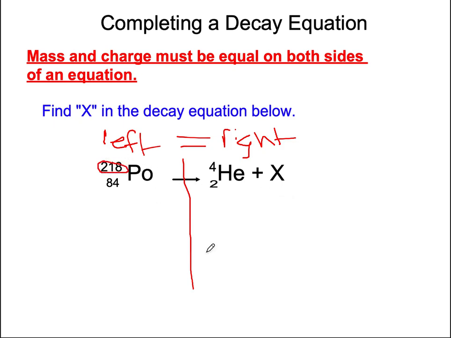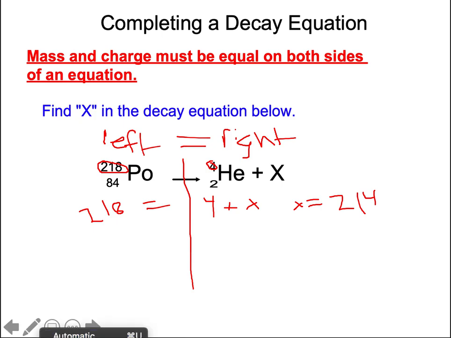So if you notice, we can think of it like this. Our top number on the left is 218, which means we need our right side to be equal to 218. Well, the 4 we get from the helium plus X, well, what's our top number going to be? Our top number is going to be 214, because 4 plus 214 equals 218. Pretty simple. What about the bottom number?